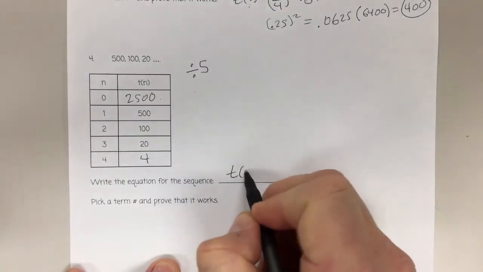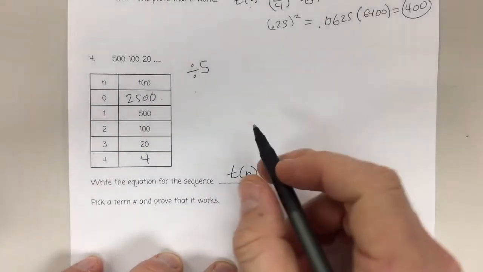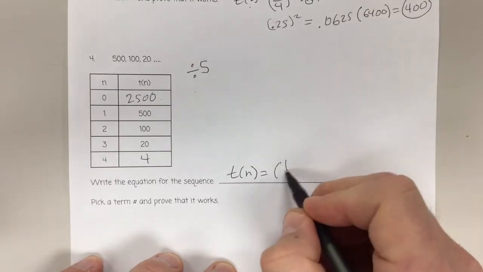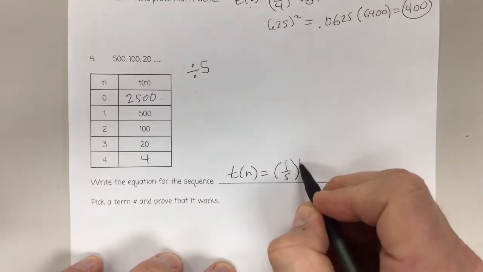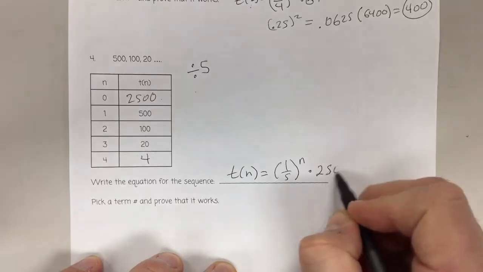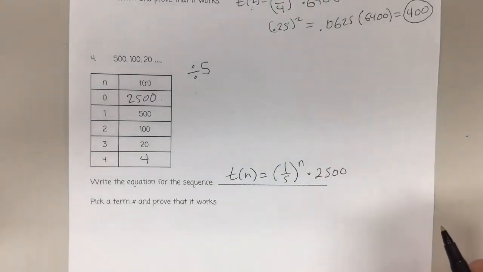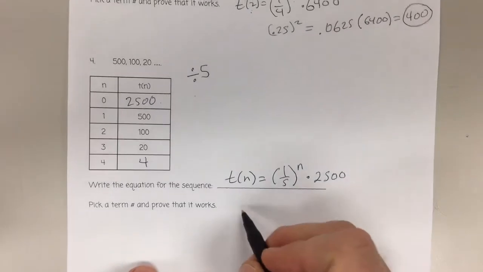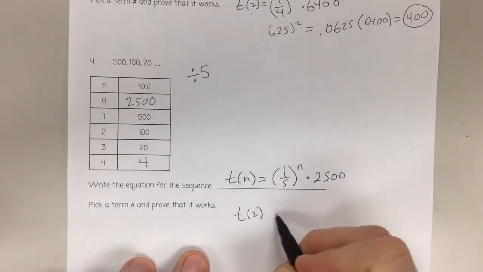The equation of the sequence becomes t sub n equals divided by 5 turns into 1/5 to the nth times 2500. Let's test this, see if it works for term 2.